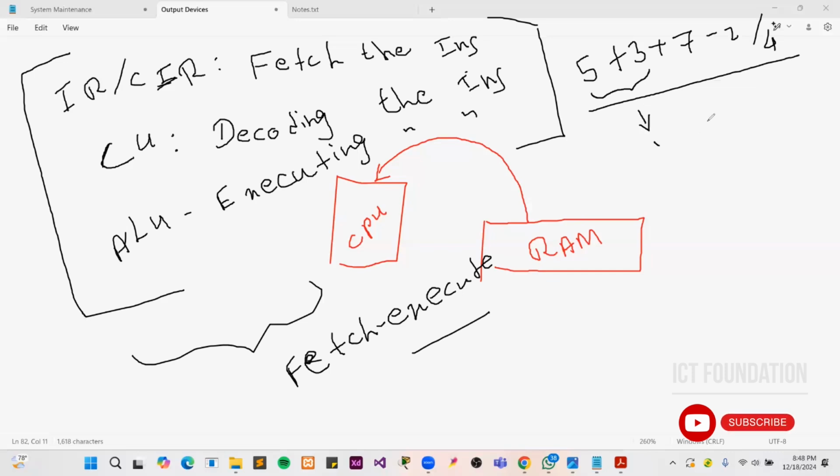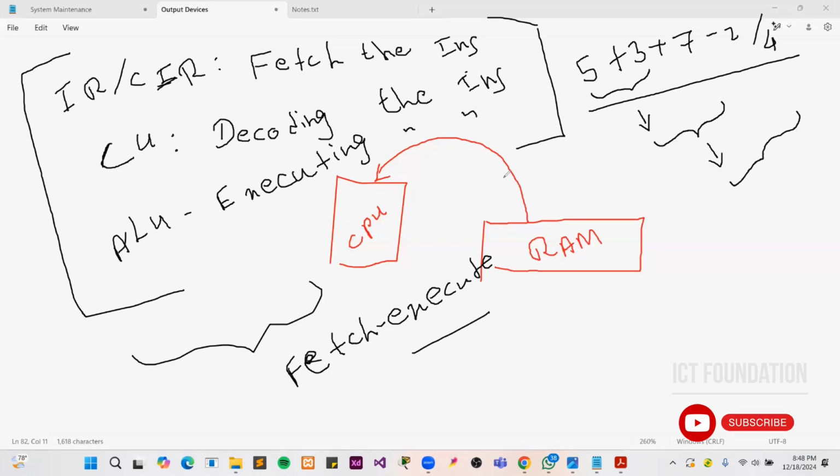With the result, you have to do the calculation with plus 7. The result will be there. With the result, you have to do the calculation again. So again and again, the calculations will be done by the CPU. This is not only a one-time execution. It will be done as a cycle. That's why we call it the fetch execute cycle.